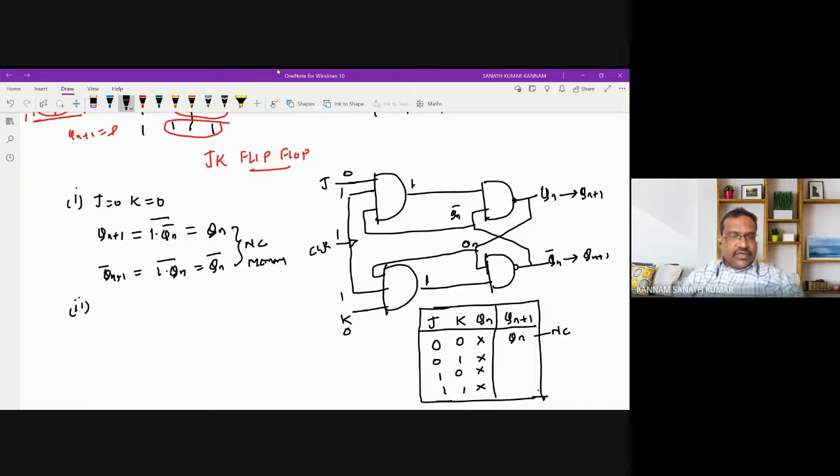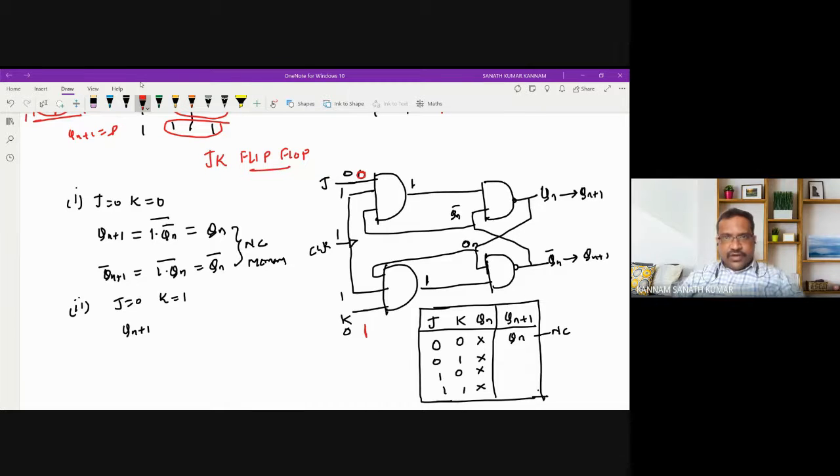Okay, and next, second case, when J equal to 0, K equal to 1. So I change the color. When J equal to 0 and K equal to 1, so what are you getting?